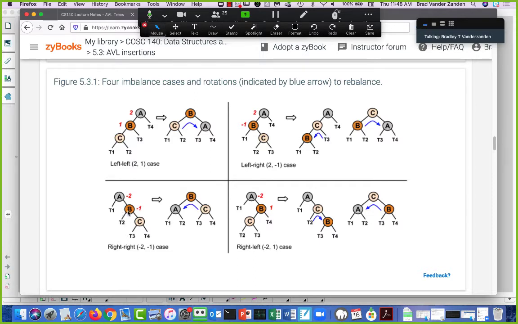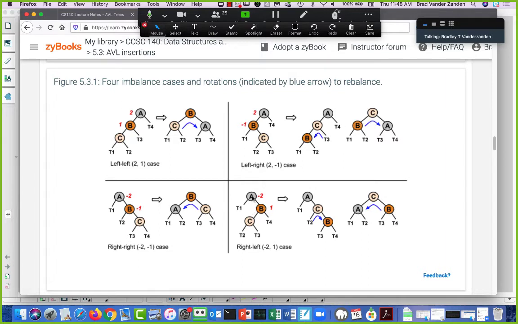Now it's a left rotate about B, getting that case. Then here it was a left-right situation, so it's a double rotate about C. So first we rotate B about C to get this zigzag. Then we do a second rotate about C to get the balance.